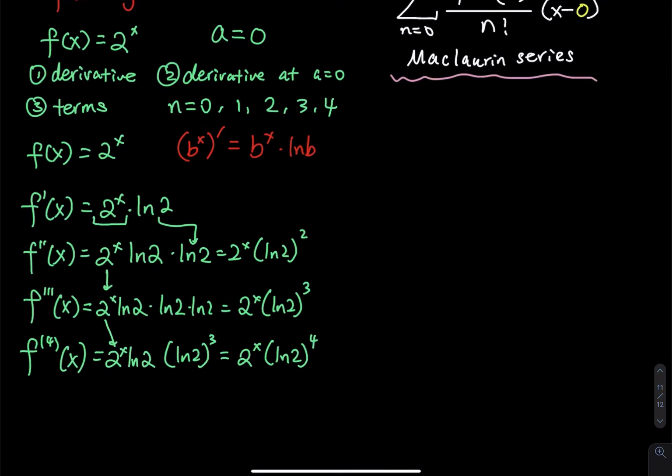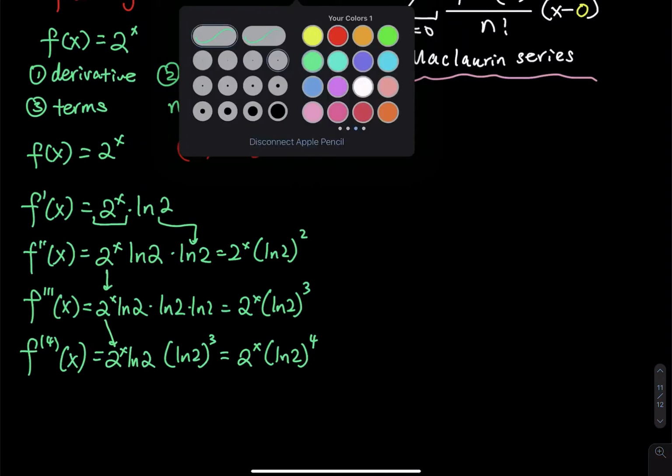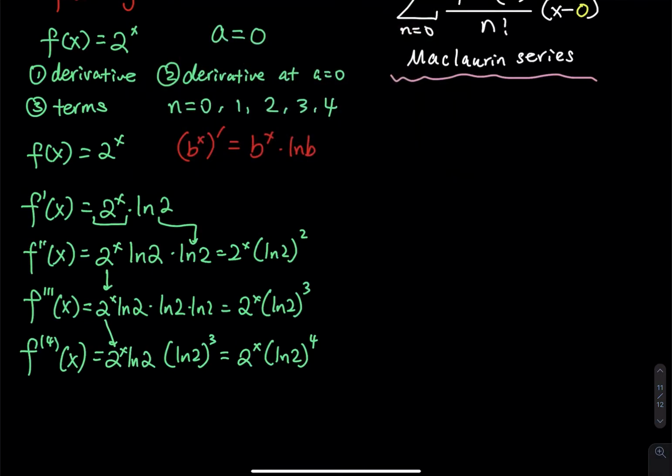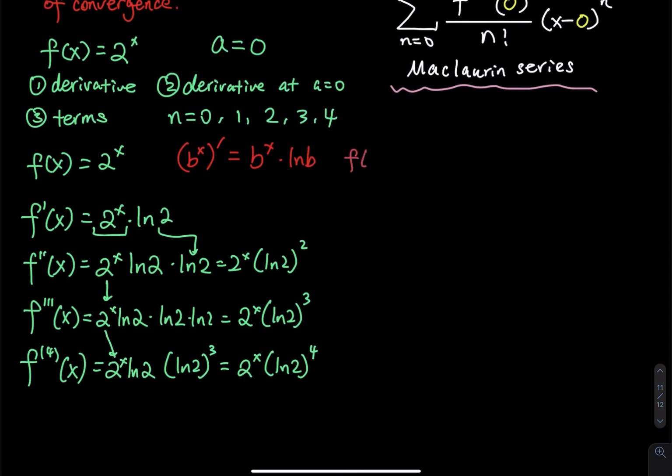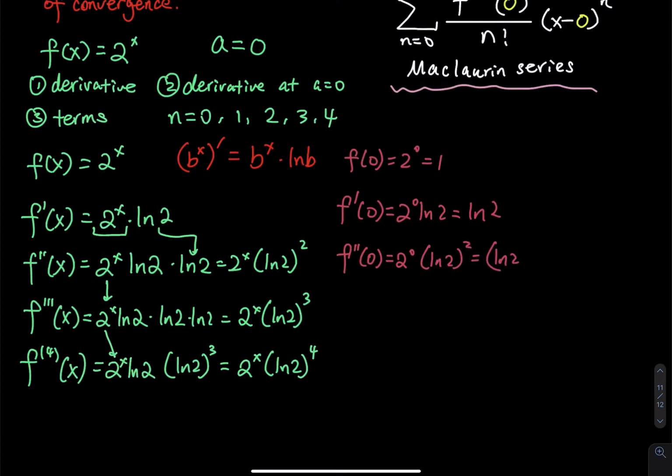And then the next thing that you will have to do is plug in a equals 0 for the Maclaurin series. So let's do that. So when x equals 0, f of 0, so this is 2 to the 0, that is equal to 1, and then f first prime of 0, so that is 2 to the 0 times ln2, which is 1 times ln2, that is equal to ln2, and then second prime of 0, so that is 2 to the 0, and then ln2 raised to the second.